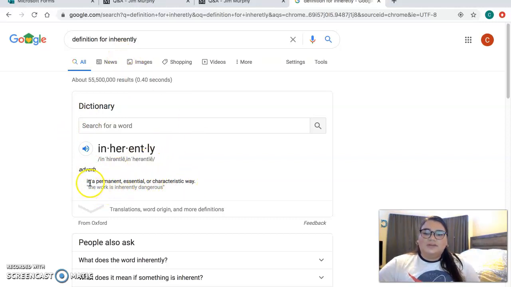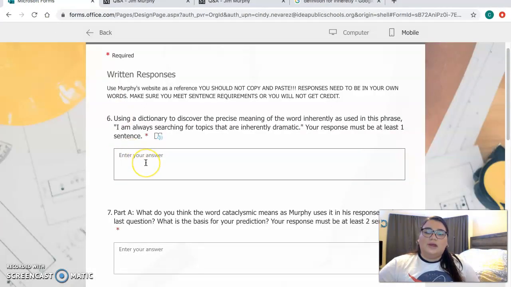So then I would take this definition and go to my attendance form and write, the dictionary meaning of the word inherently means whatever the definition is, and they're asking you to discover the precise meaning of the word. So all you have to do is give me the definition, and now you can read the sentence knowing what the word means. I'm always searching for topics that are inherently dramatic.